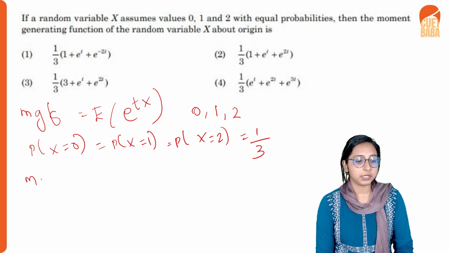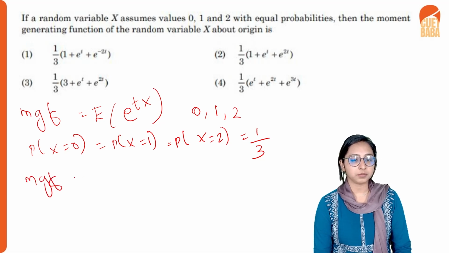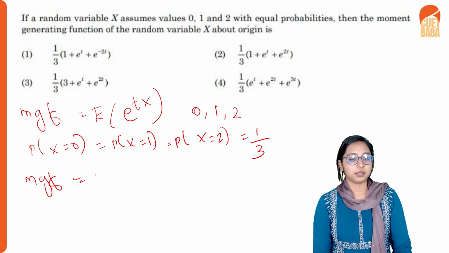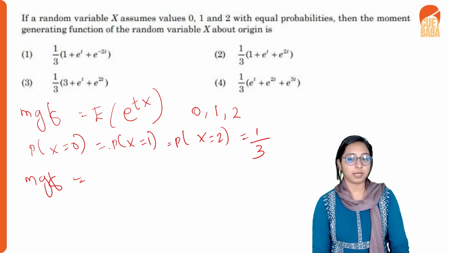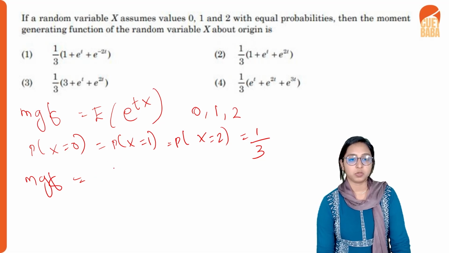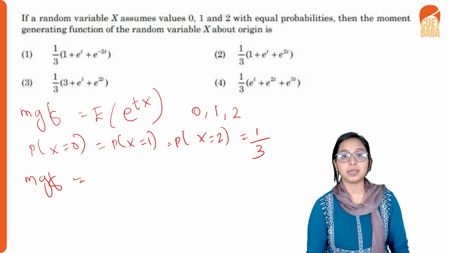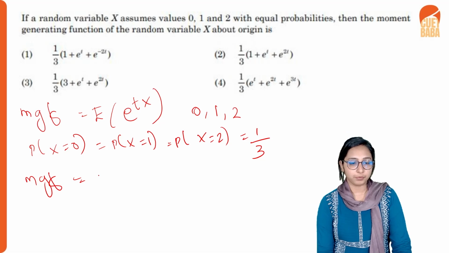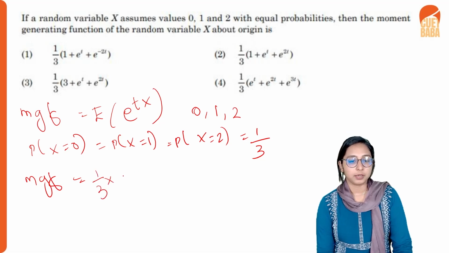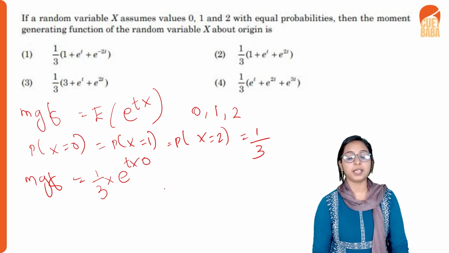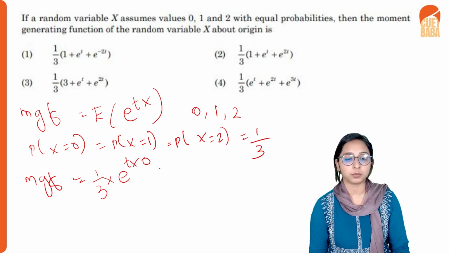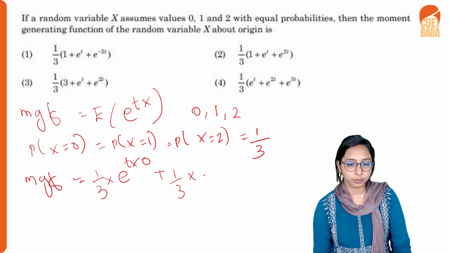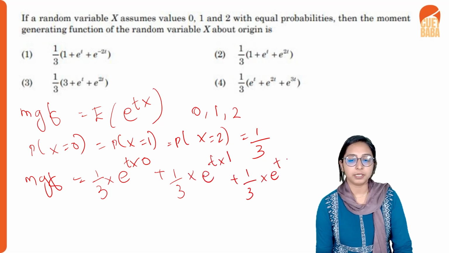So, MGF we can find by adding the three terms. For one single x we are finding the expectation of e power tx. So for three values we will find 1 by 3 into e power t into 0, first giving the value x equal to 0, plus 1 by 3 into e power t into 1 plus 1 by 3 into e power t into 2.